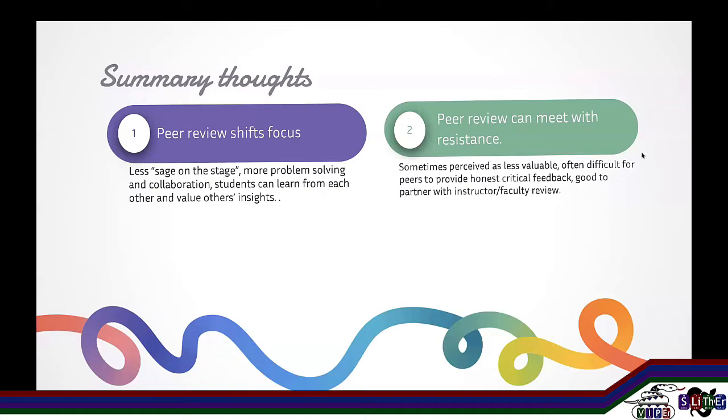So I think it's always good to partner peer review with faculty review if you can, and if it's reasonable. It also can be inconsistent. It's difficult to teach people to do peer review. And we all know from reading reviews of articles that reviewer number 3 never likes the paper, no matter what, right?